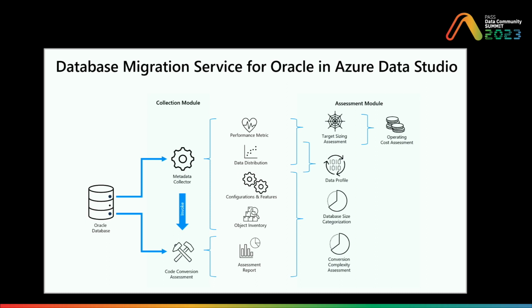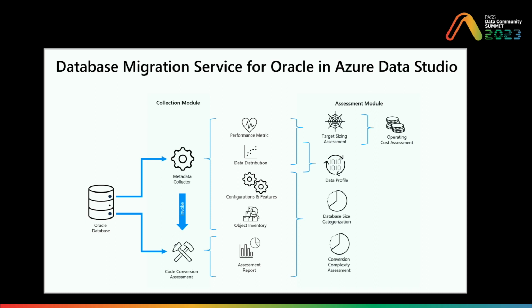In our tooling, we collect a lot of metadata information from the Oracle, and then we create a project with a code conversion assessment and tell you how compatible it is, or how much our out-of-the-box tool like the Azure Data Studio database schema conversion toolkit can convert automatically, and where you need to do manual intervention. So code conversion is one aspect.